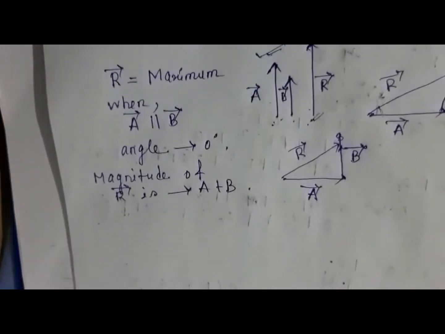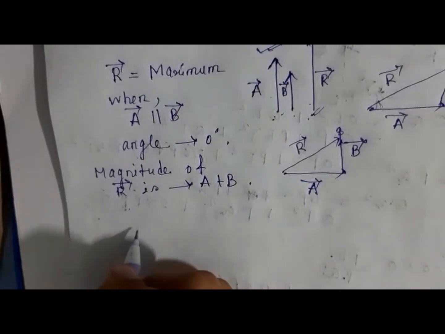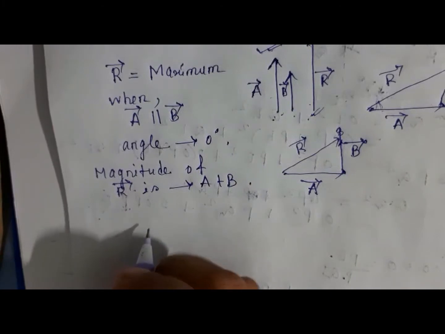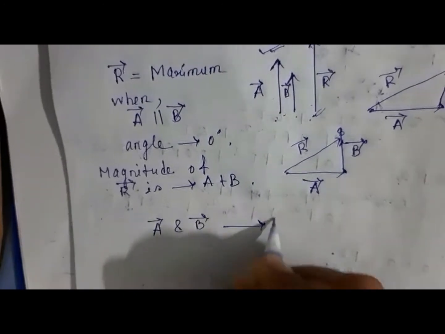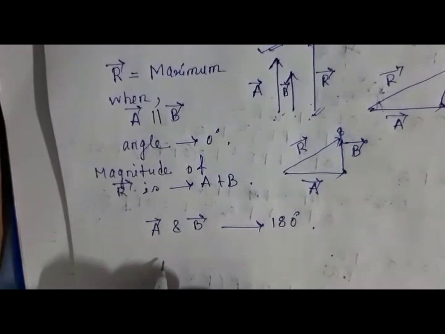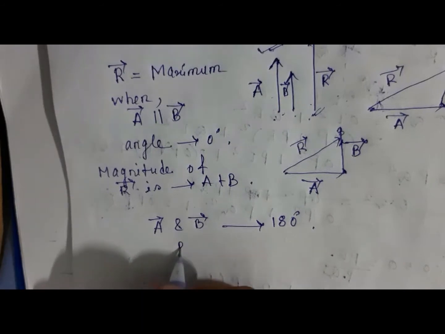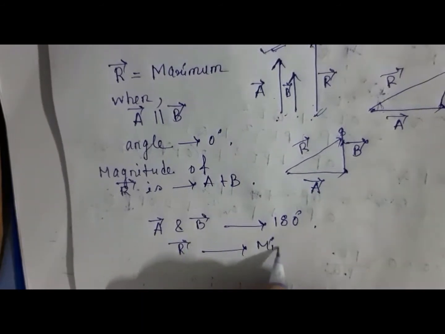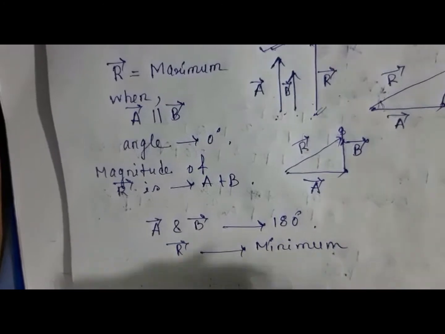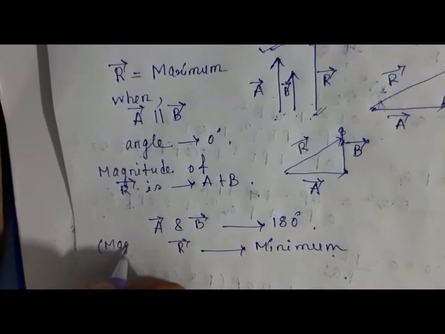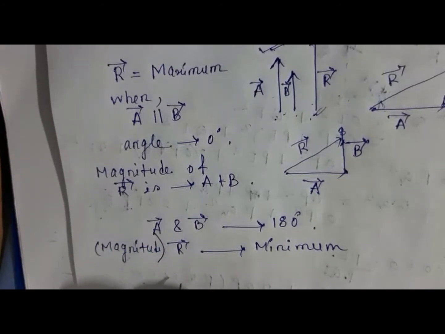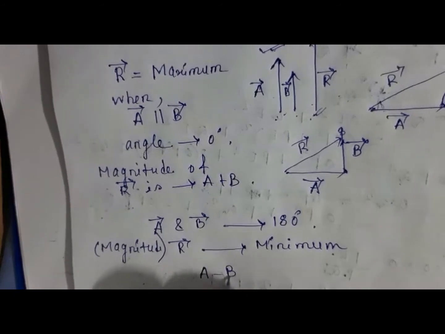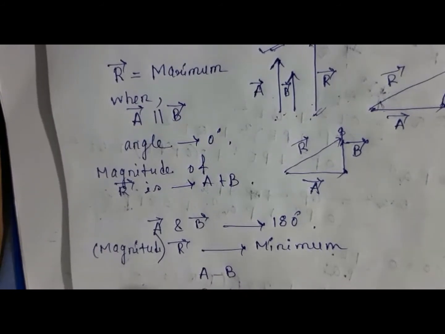When your R is going to be minimum, when your angle between A and B is going to be 180, at that condition your R is going to be minimum. Now minimum means what? A minus B, or it can be B minus A.